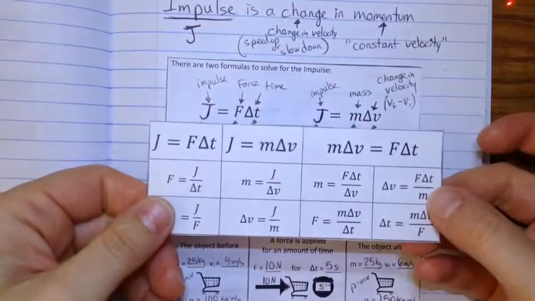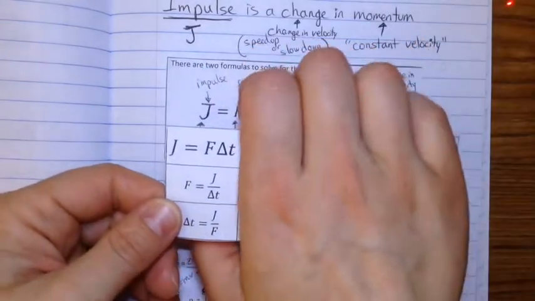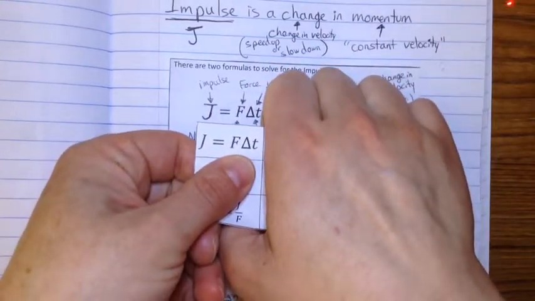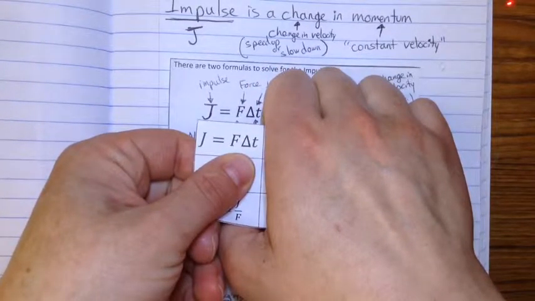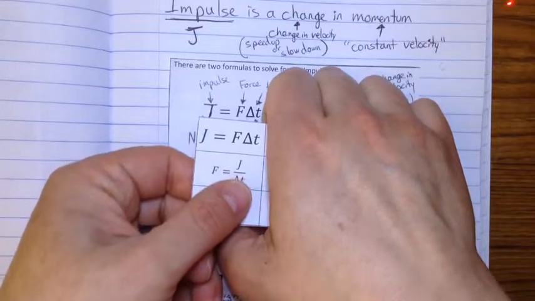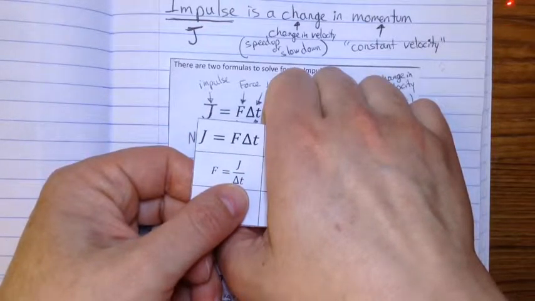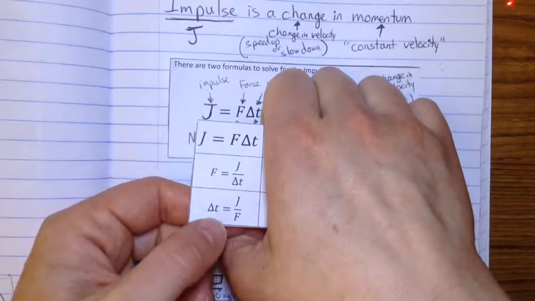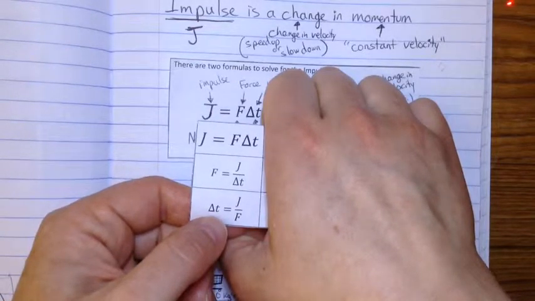The very first box, notice it's that formula right there. Below it, it's the same formula rearranged to solve for force. And below that, again, the same formula, but rearranged to solve for the time.